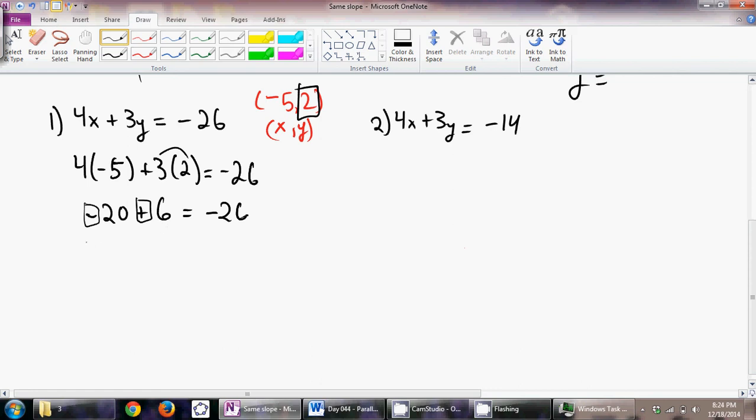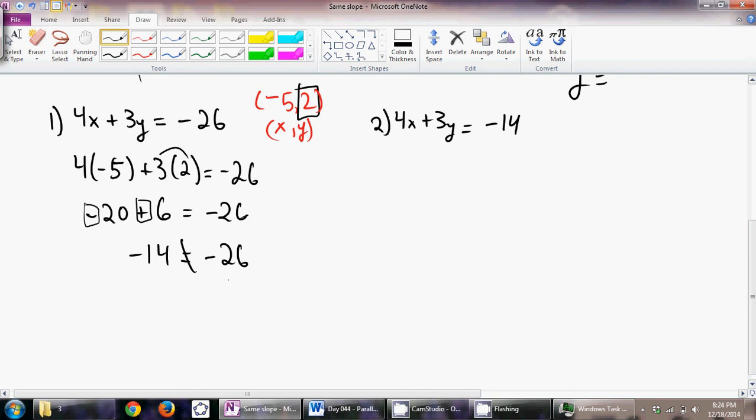If you have $6 and you spend 20, you're in the hole, minus 14. Does minus 14 equal minus 26? No, this isn't our answer, because it doesn't yield something true. Minus 14 is not the same as minus 26.